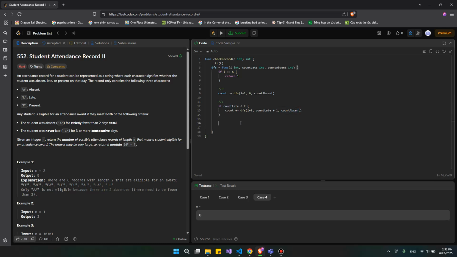And we can only put an A if the count absent is less than one. The count late also becomes zero after A, and count absent will be one.